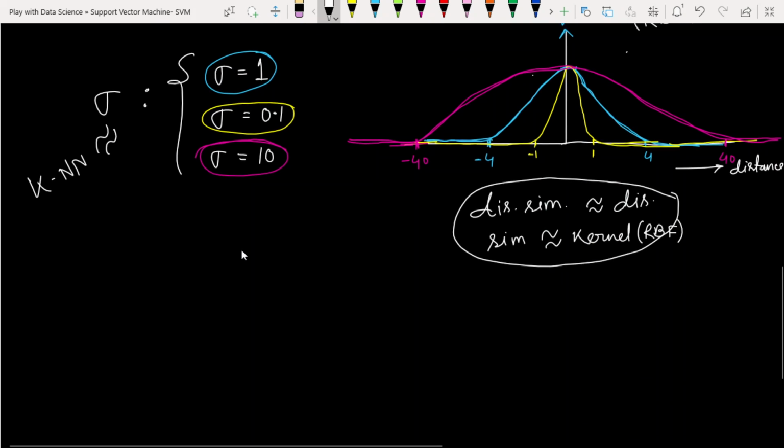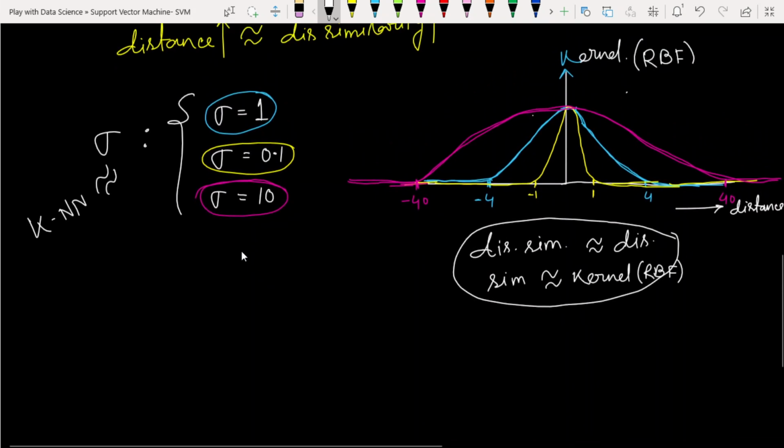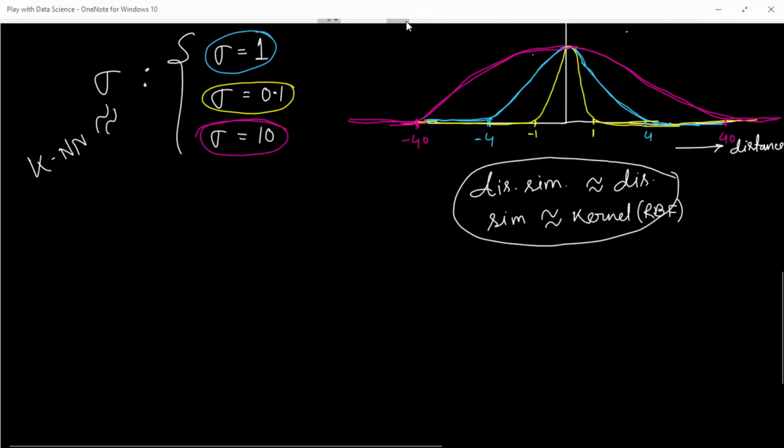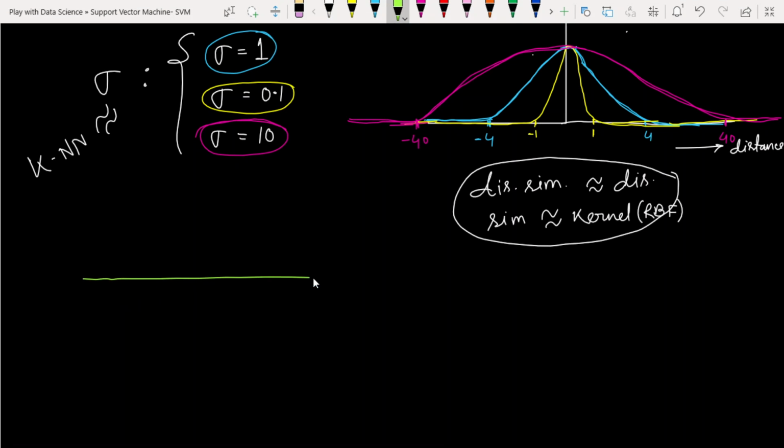Okay, I am again discussing using a simple picture. Just see, if this is our distance line, and suppose first we consider sigma equals 1, so it is 0. We see that here the kernel is maximum, 1.